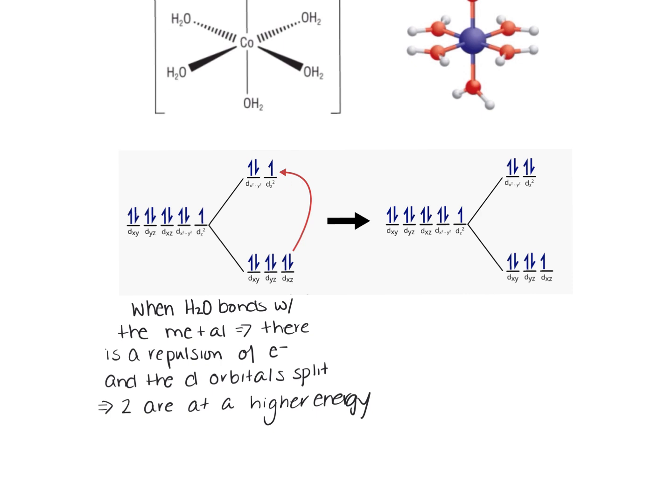So what happens is the white light will cause the electron to absorb energy and be promoted to the higher energy level.